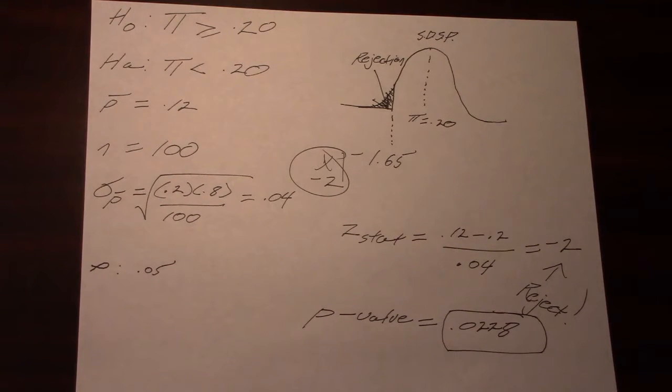Let's double check that answer jives with the back of the book. Chapter 10, number 10: z-stat is -2, critical value is -1.65, reject, p-value 0.0228, reject. Alright, we're good.